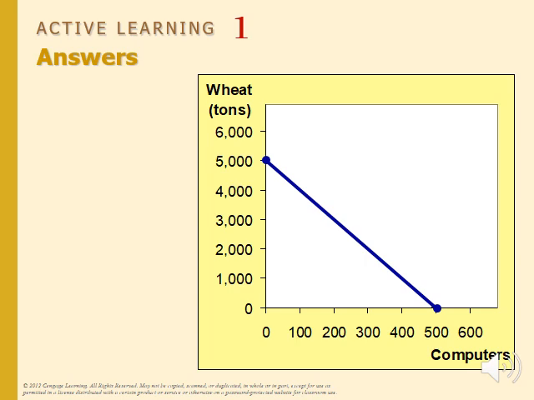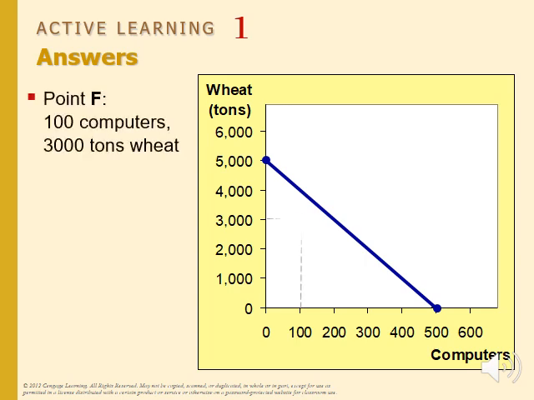Point F, 100 computers and 3,000 tons of wheat. Point F requires 40,000 hours of labor. It is possible, but it's not efficient. We still have 10,000 hours of labor that could be used to produce either more wheat or more computers.